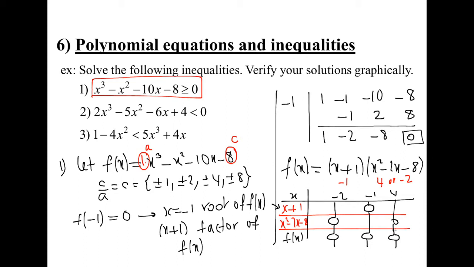Now, regarding the distribution of signs, you remember I've already given you before the rules for the table of signs for linear and quadratic factors. If we have a factor in the form ax plus b whose root is negative b over a, then before the root, we set the opposite sign of a, and after the root, we have the same sign as a.